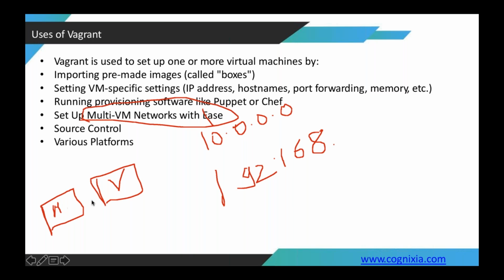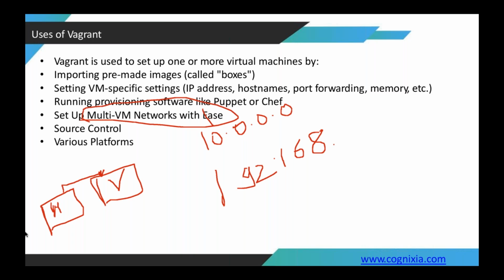Now, if they both want to interact with each other, bridge networking will create a bridge between both of them, and using that, the host machine can communicate with the virtual machine. That's how we are going to access the virtual machine. This is just an understanding that from your host you would be able to access your virtual machine.